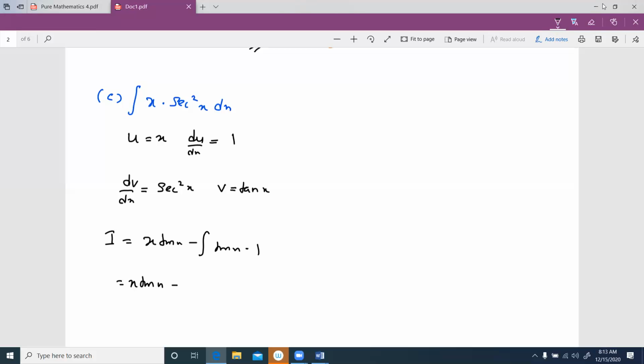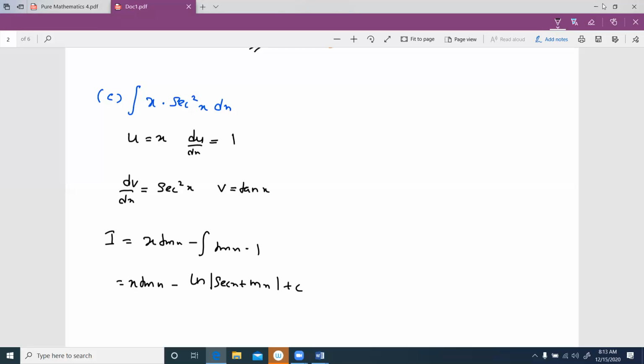Children, can you remember? Integration of tan x is ln sec x plus tan x. That's how we get this answer, right? Okay, that's a way of getting this.